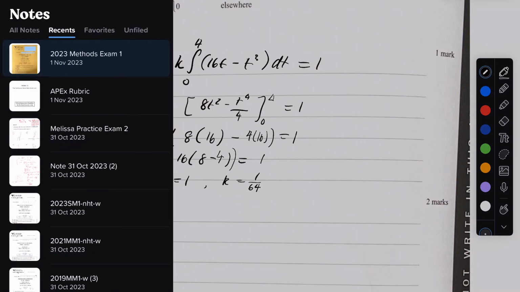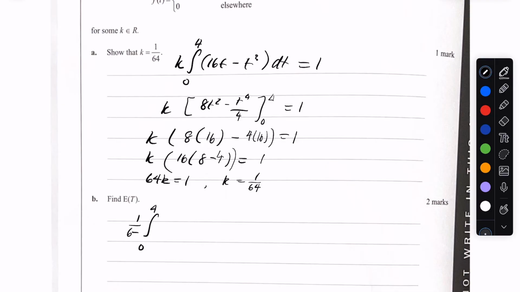So you can take out the 1 on 64 again, and then you're just going to have 16t squared minus t to the power of 4 here.